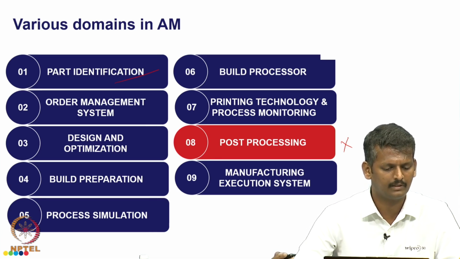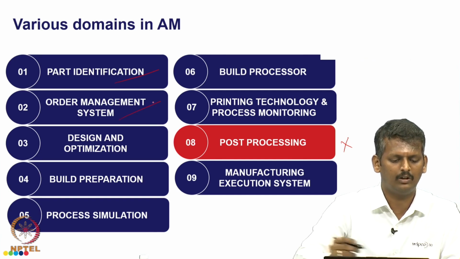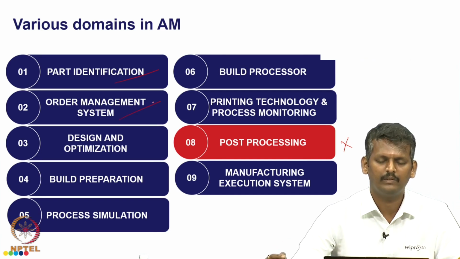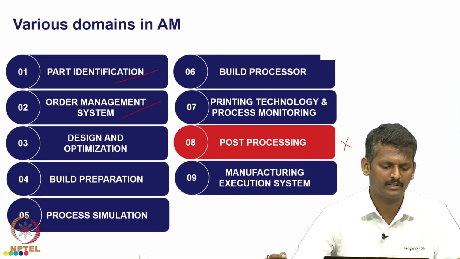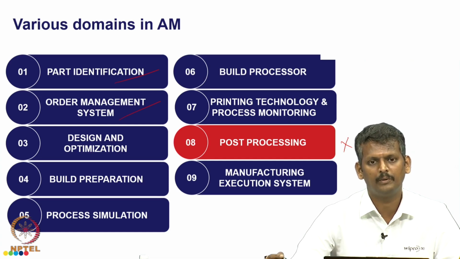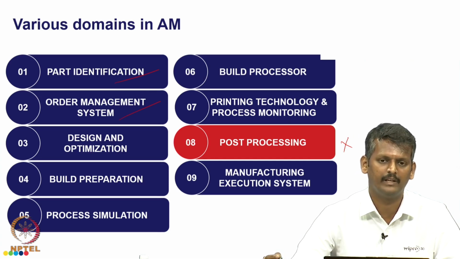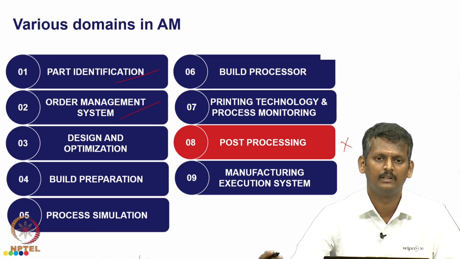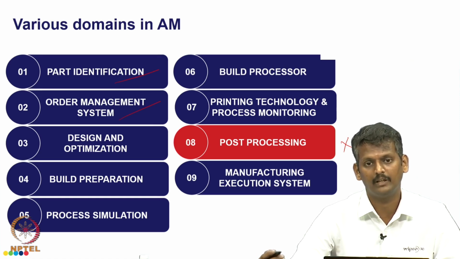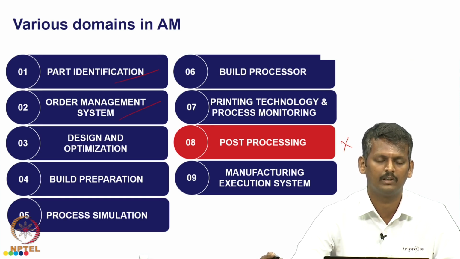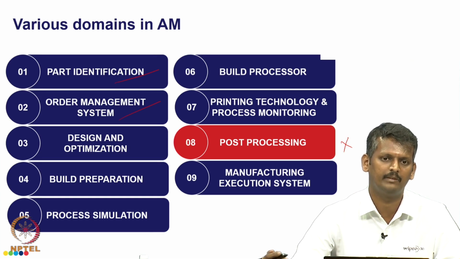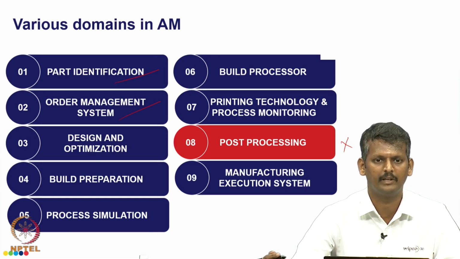Coming to the next one, that is the order management system. One of the critical aspects in additive manufacturing is preparing the code. The code preparation comes with multiple variables like raw material consumption, support structures, and the supports have to be removed during post processing, and there can be different types of post processing involved, and design wise there will be some guidelines in implementation.